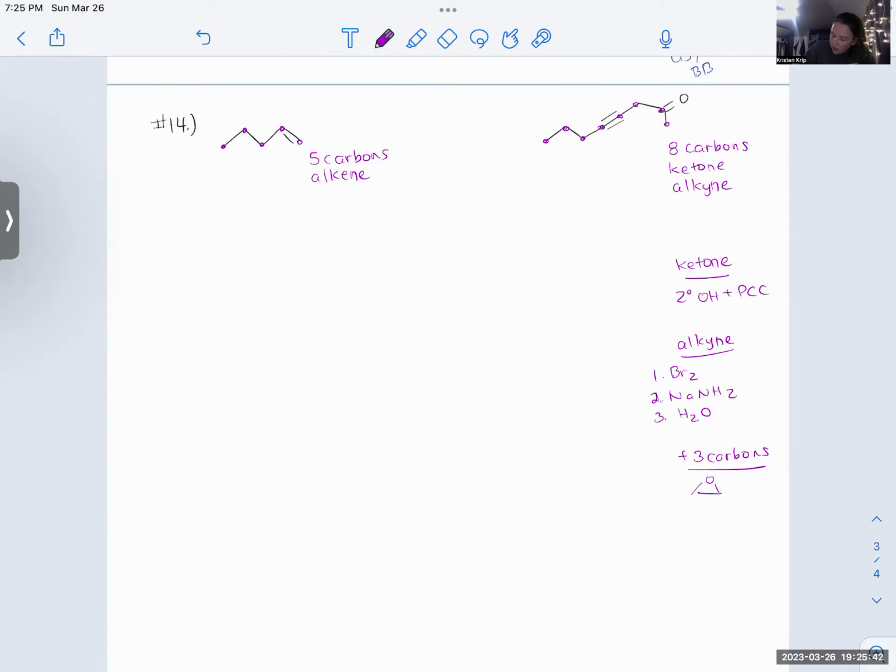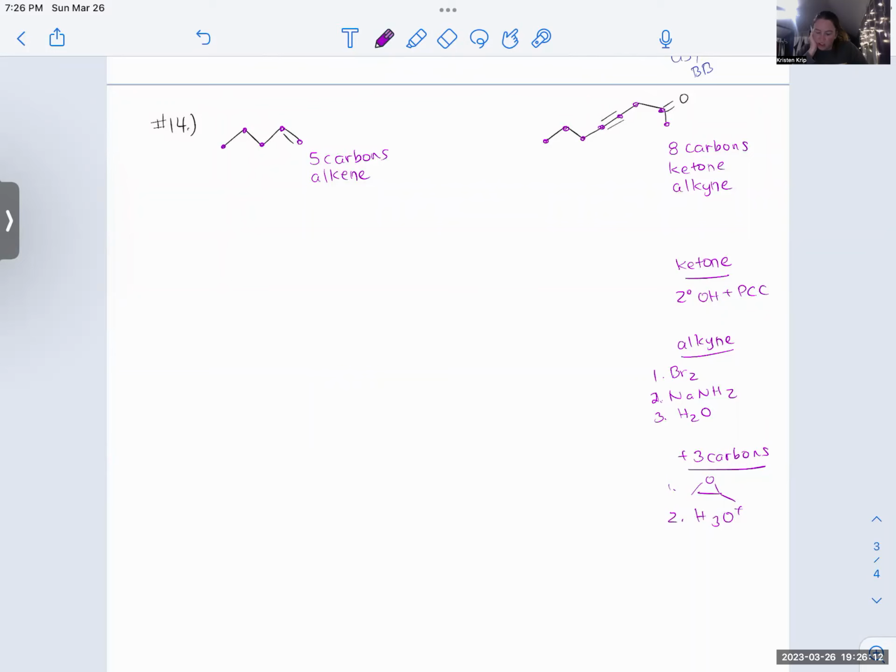However, we're adding 3, not 2. So we probably have a nice little methyl sticking out of here. And then the follow-up step would be H3O plus in order to protonate it and turn it into an alcohol. Okay, so now we just have to put the pieces together in the right order.